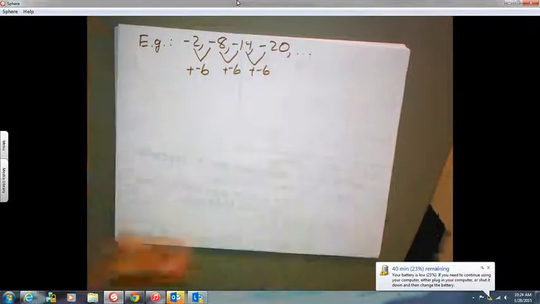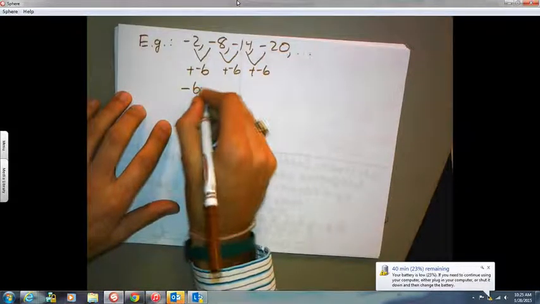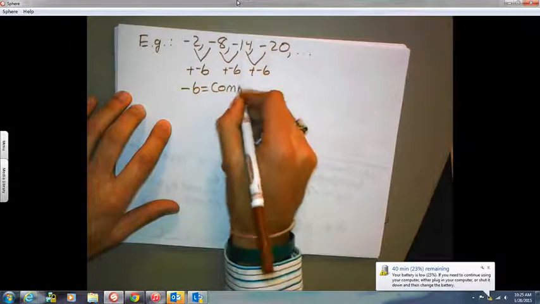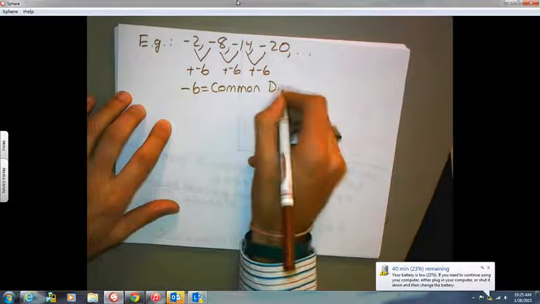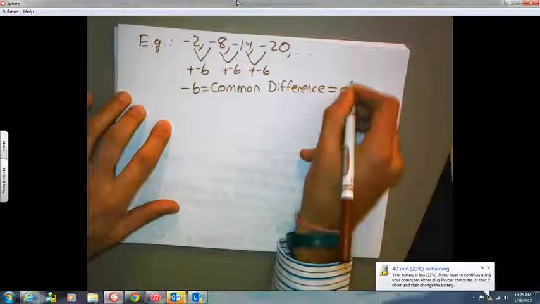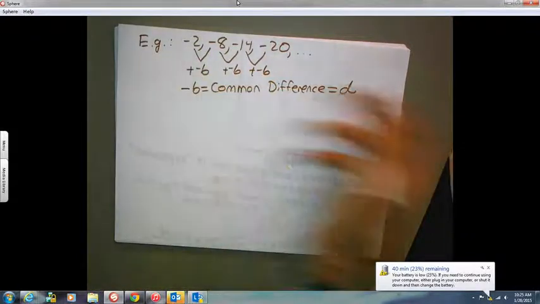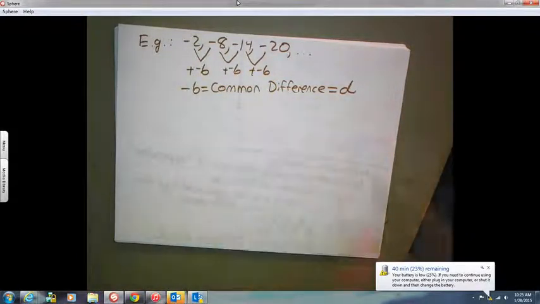We say that -6 is the common difference, and that is equal to D. It can be positive or negative. If the numbers are getting bigger, positive. If the numbers are getting smaller, negative.